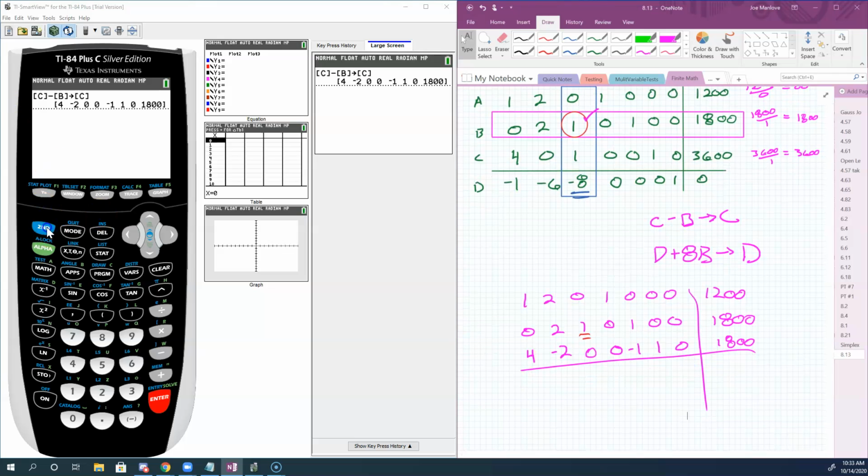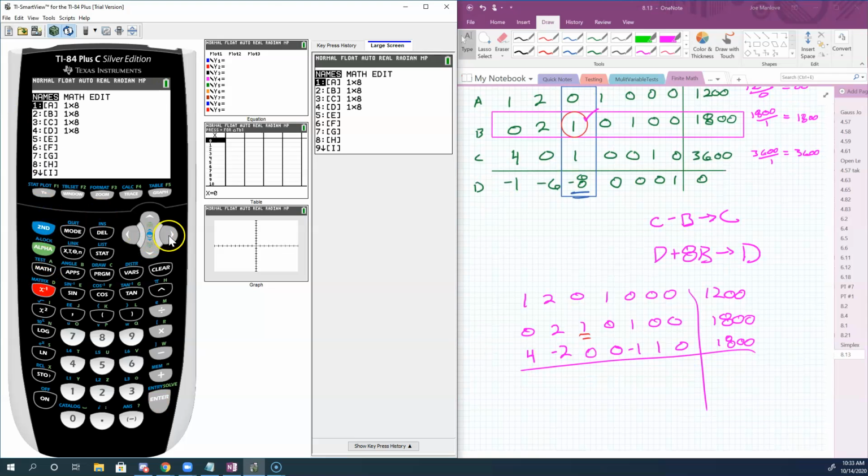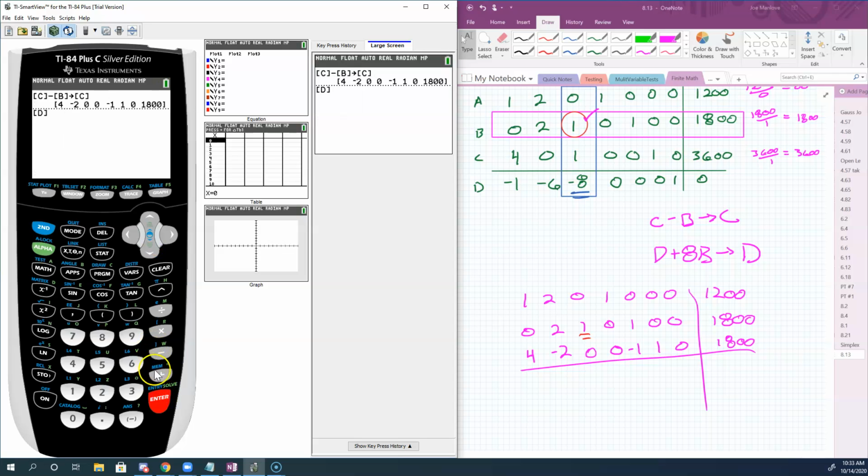And then for row D, I'm going to go D plus 8 times B gets stored into, do I want to store this into B or D? D boy, D dog. Where does this go?